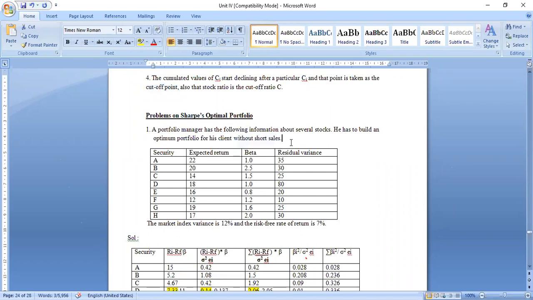Okay. Now, in case of Sharpe's optimal portfolio, you will have 2 types of problems. One problem will be with short sales, and the second one is without short sales. So I have taken 2 problems, wherein the first problem will speak about Sharpe's optimal portfolio without short sales, and the second aspect of the problem is going to be with short sales.